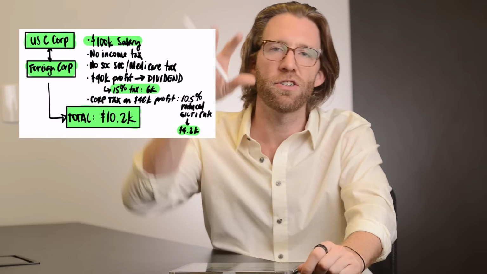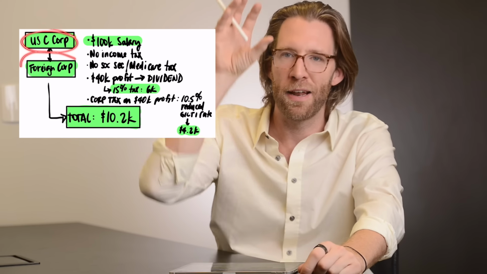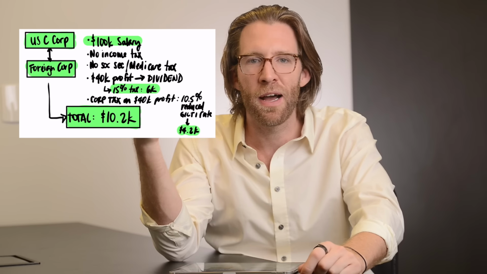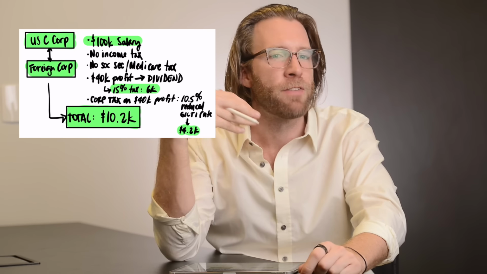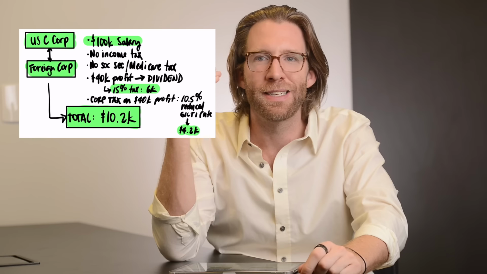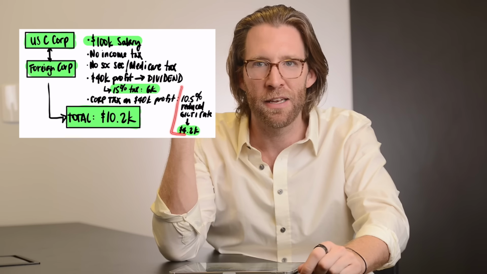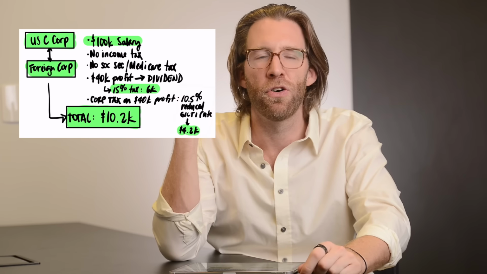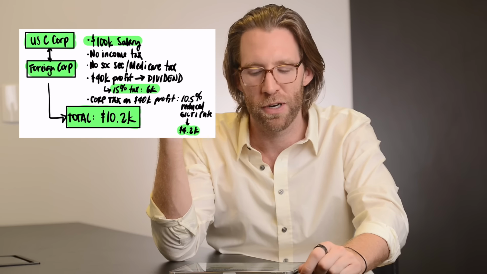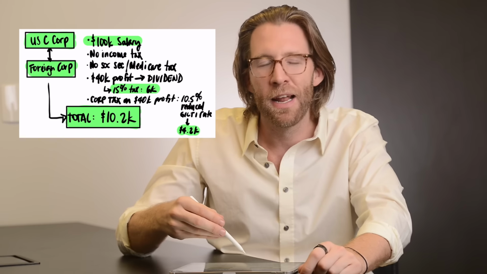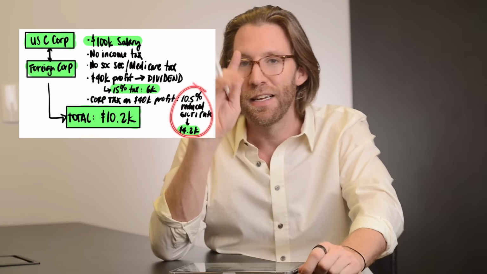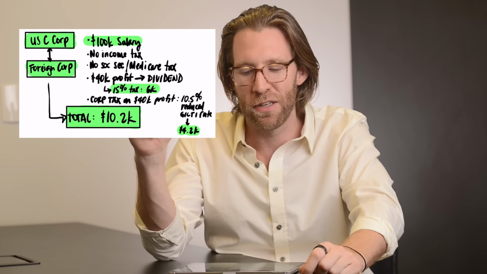If you look at the structure where you have a C Corp that owns a foreign company, where that foreign company is in the BVI, Hong Kong, Cayman, what have you, it is subject to a 10.5% GILTI tax rate in the United States if it is owned over 50% by a US citizen. So it's what's known as a controlled foreign corporation. Again, that $40,000 net income is subject to this 10.5% tax rate in the United States.